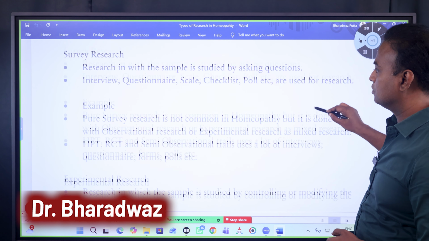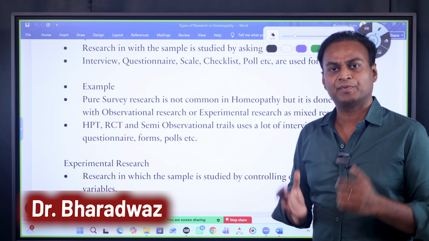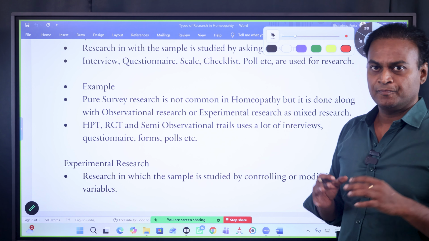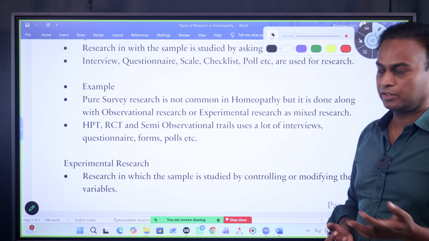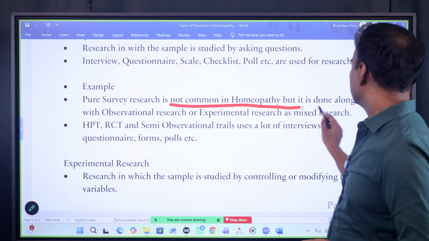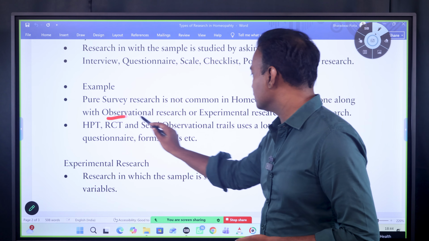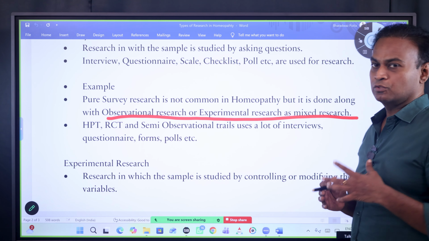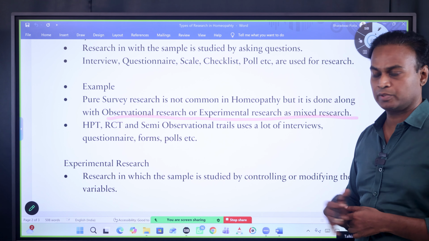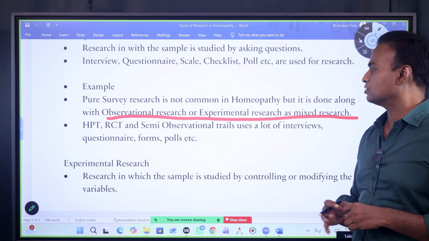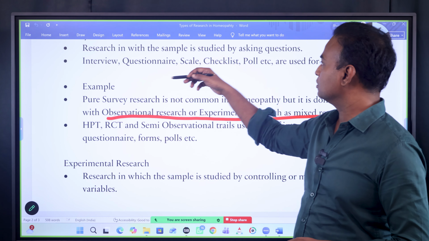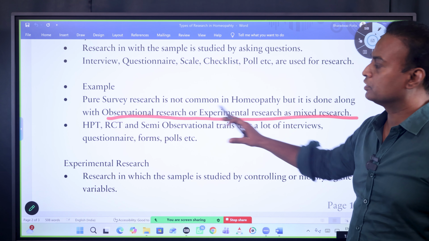And for an example, basically in homeopathic studies we will not do pure surveys, right? These surveys are included with other trials. For example, pure surveys are not common in homeopathy, but are done along with observational research or experimental research. In observational research or in experimental research, we use these interviews, questionnaires, scales, checklists, polls along with this.